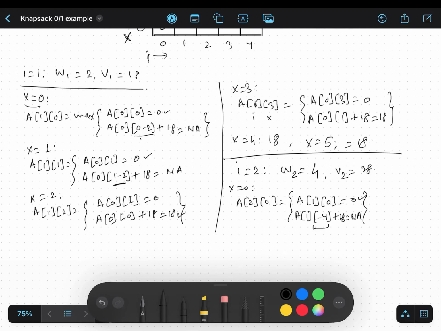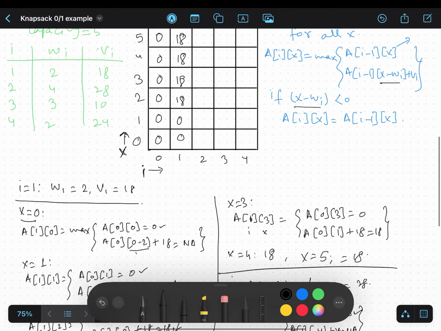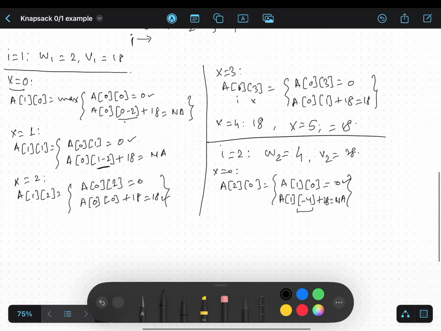So we are going to pick the first. So A2 0 is 0. Okay.